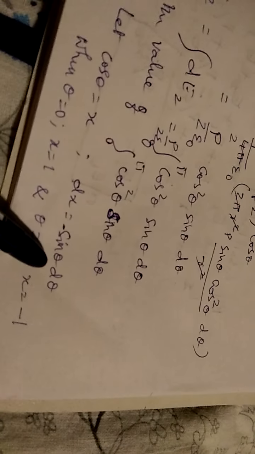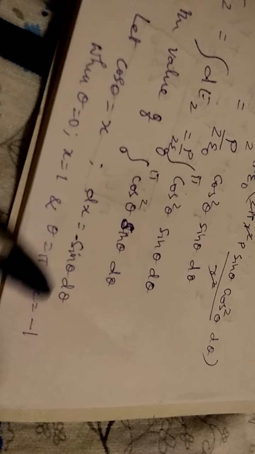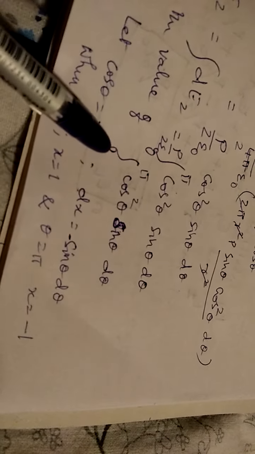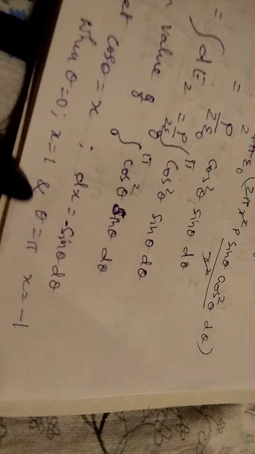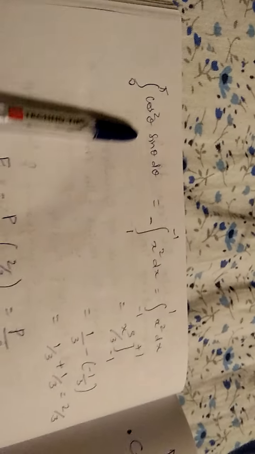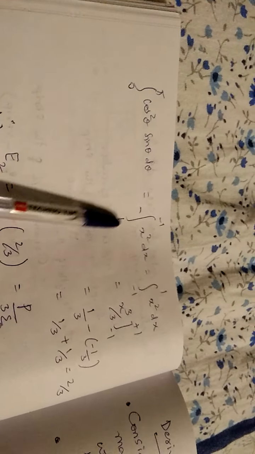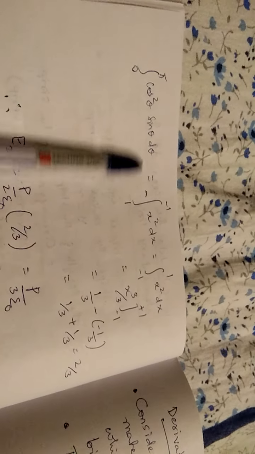To find the value of this integration, assume that cos θ is equal to x, so dx becomes minus sin θ dθ. When θ is equal to 0, x becomes cos 0 as 1; θ is equal to π, cos π is minus 1. So by substituting these limit values, the integration from 0 to π of cos²θ sin θ dθ becomes 1 to minus 1, because minus sin θ dθ is dx.